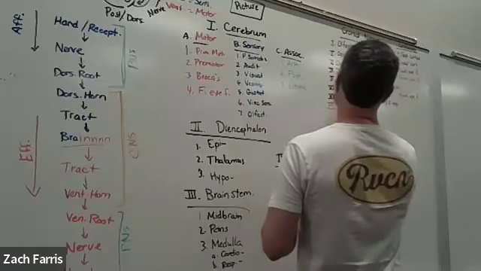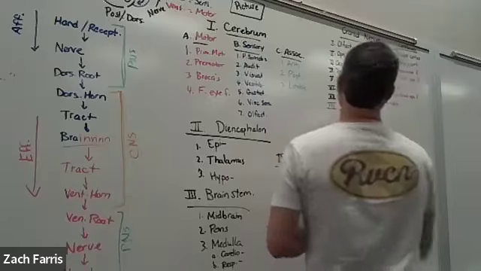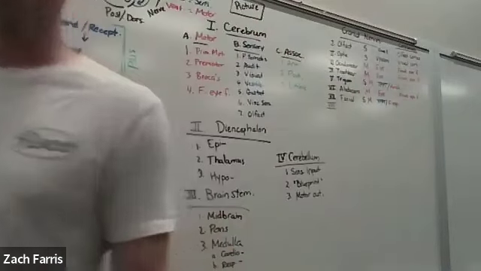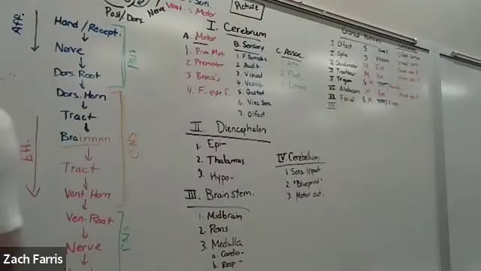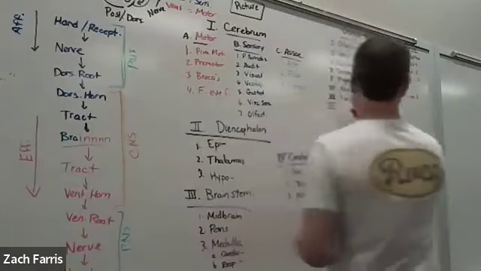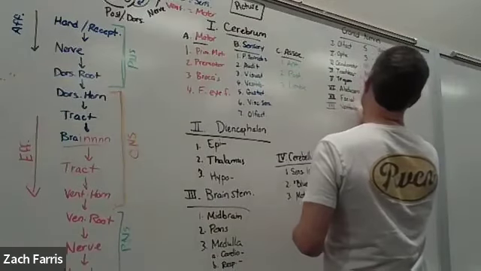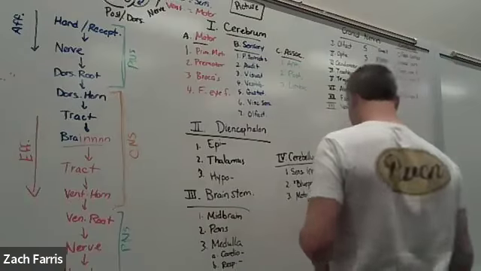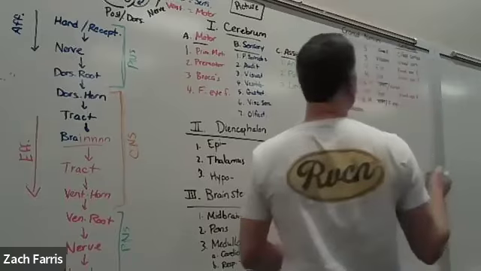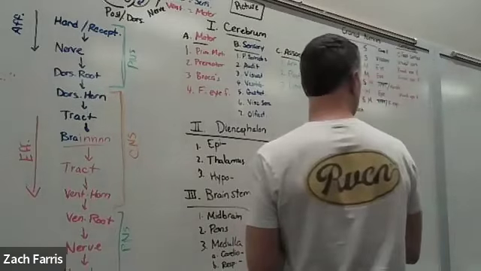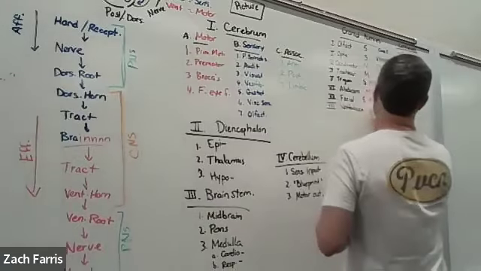Good old number 8. Who's number 8? Yeah, if you go through that mnemonic, you're on an A, right? You might be laying on acoustic, but the proper name for this one, vestibulocochlear. I'm out of space. Blue or red? Blue, thank you.